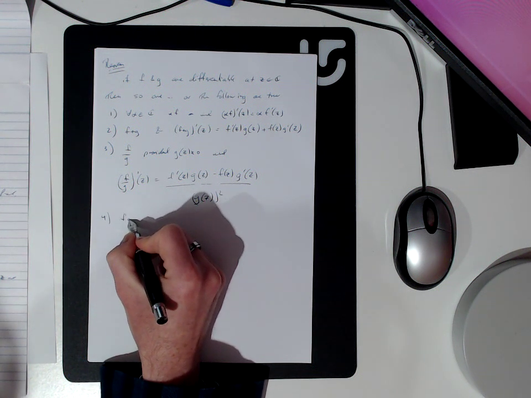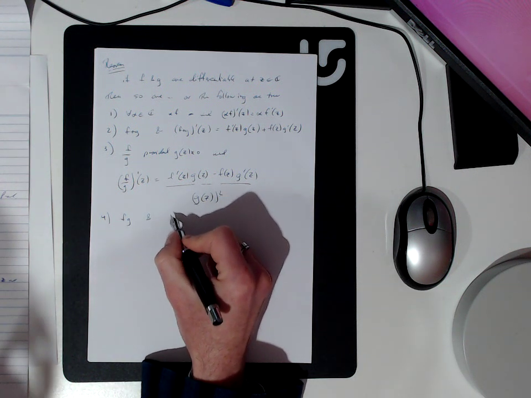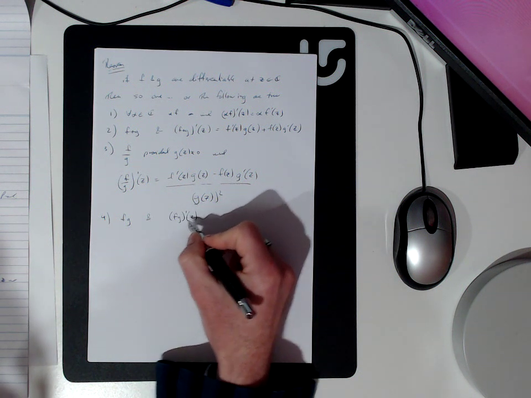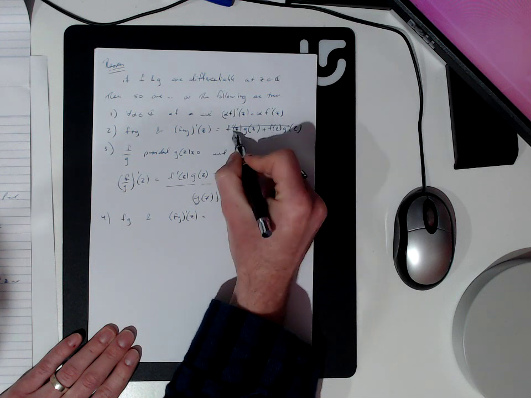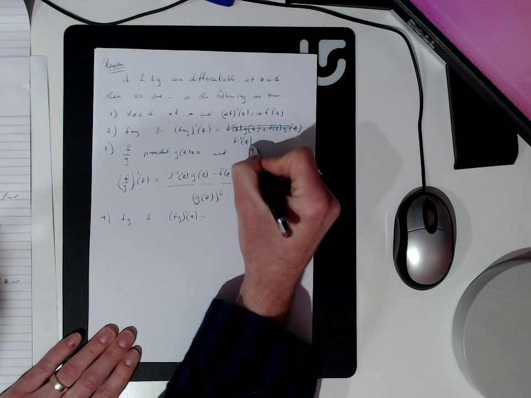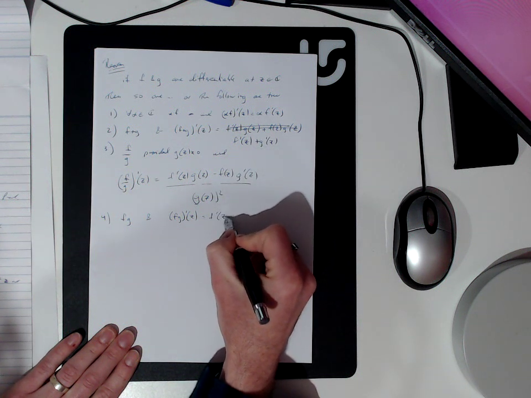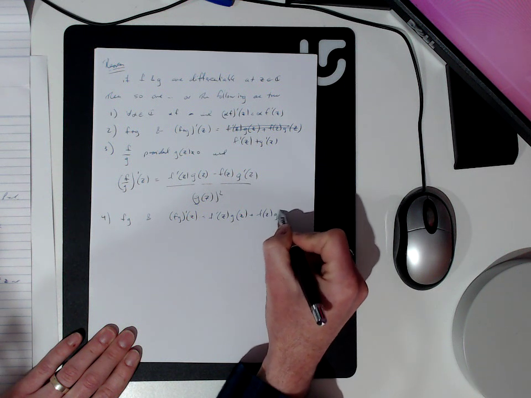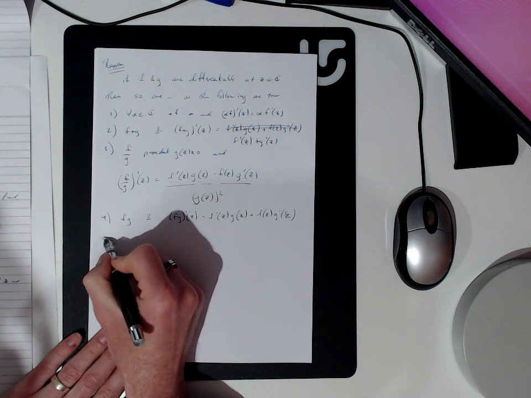Sorry, normally I would put the multiplication first. Four, the product fg is differentiable, and the product differentiated at z is equal to, oh my goodness, how did I get that wrong? I'm not thinking about it. It is f'(z) g(z) plus f(z) g'(z). Yes, sorry about that.